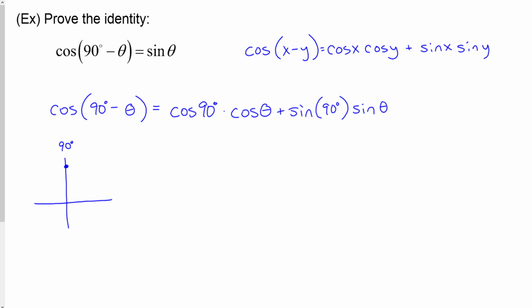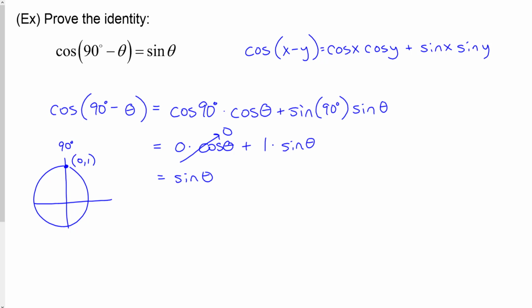So this point on the unit circle would have the coordinates 0, 1. So the cosine is 0, and the sine is 1. So this goes to 0. 1 times anything is just itself. So there's a little bit more rigorous way of proving that that is the case.